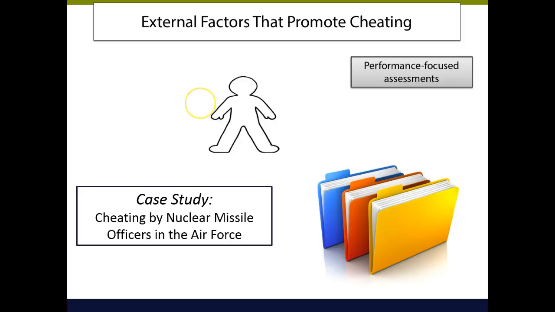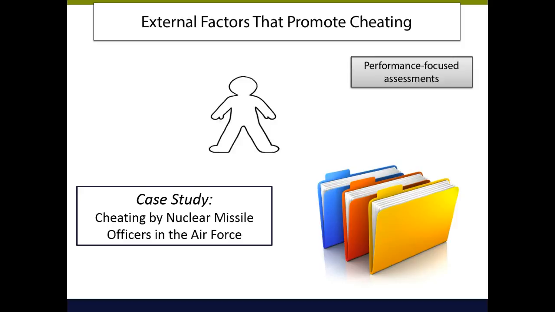How about another external factor that we can look at? Performance-focused assessments. One thing that promotes cheating are assessments that are focused on one-time performance of a student. My case study here, again, you may remember from the news over the last 2 years or so, there was a scandal in the Air Force where officers who were stationed in nuclear missile silos were cheating on their quizzes.